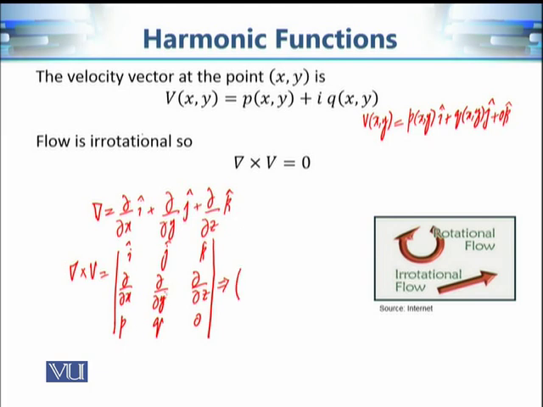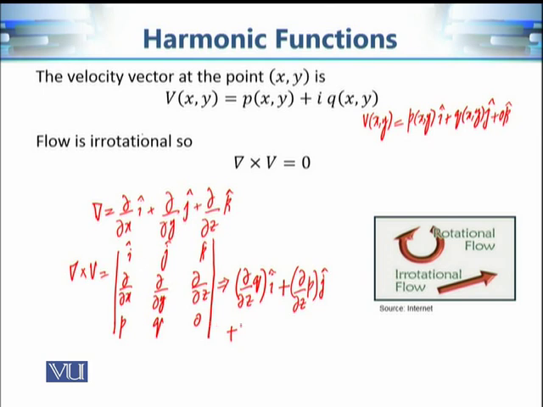The i component: partial by partial y of 0 is 0, and partial by partial z of q is also 0 because there is no component of q in the z direction, and no change of q in the z direction. Similarly for j: partial by partial x of 0 is 0, and partial by partial z of p is also 0 because there is no movement in the direction of z. So these components are already 0.